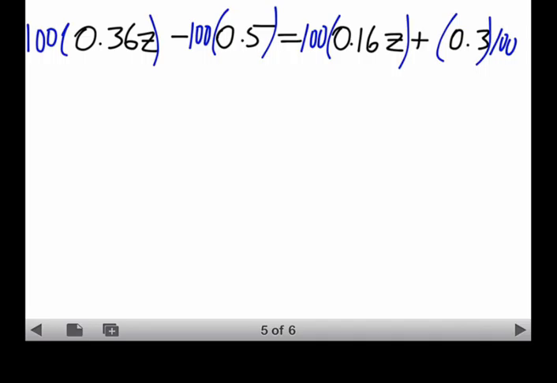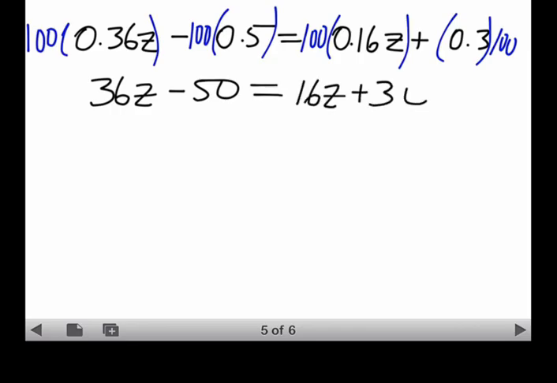After multiplying, we end up with 36z minus 50, remember we're moving that decimal point 2 places, is equal to 16z plus 30. Now I'm going to subtract 16z from both sides.